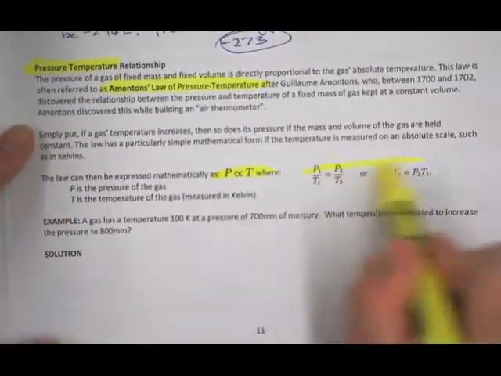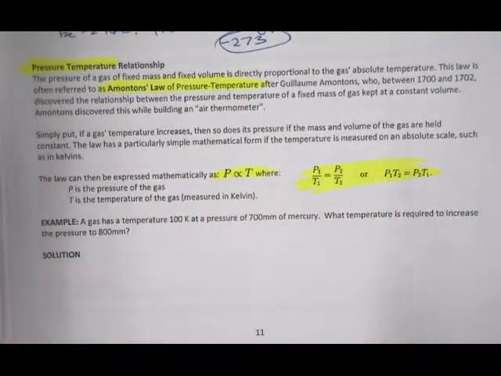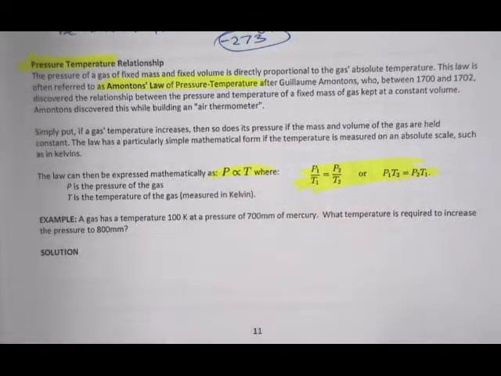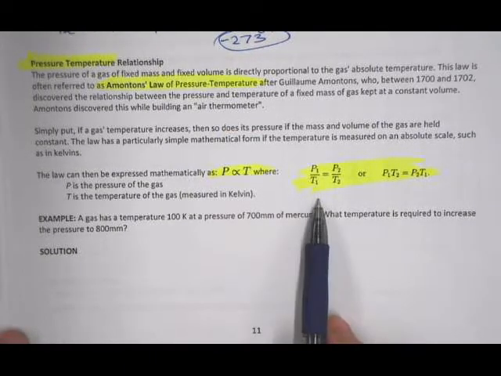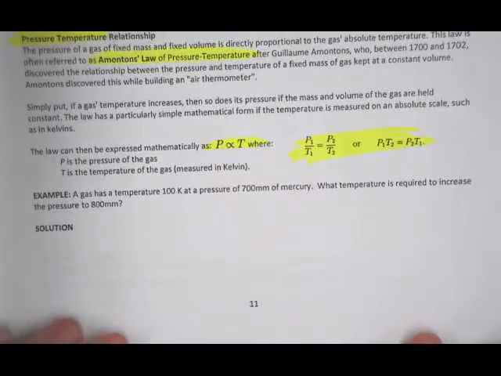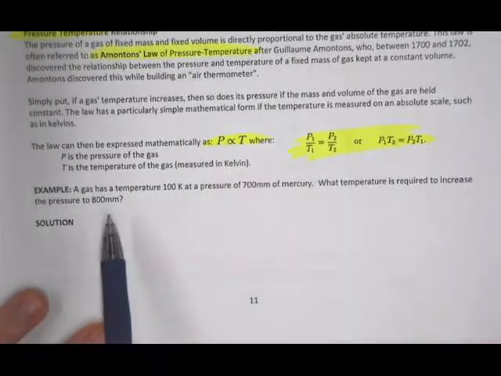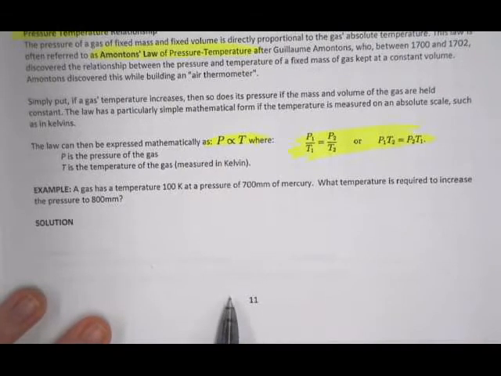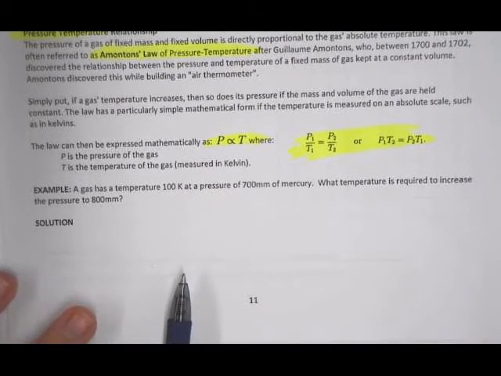And we can have these equations just like we did in Boyle's law, except this time pressure and temperature are proportional. In Boyle's law, they were inverse. So this time, if one goes up, the other goes up. In Boyle's law, it was the opposite. Let's now utilize this equation. I'm going to do the example and the solution, and then we'll do 4 practice problems together as well.